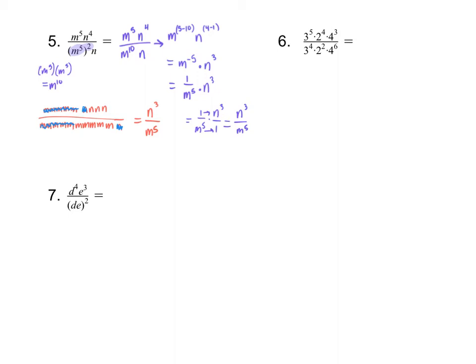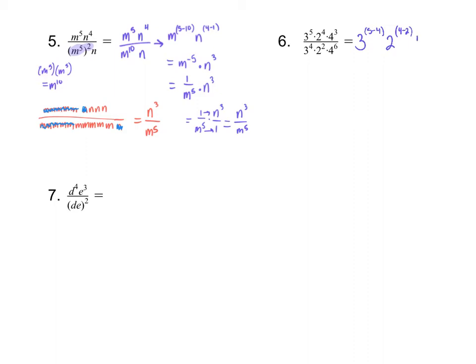All right, on number 6, we could just solve all of these values and plug them into a calculator. But to make it easier, we're going to use the property to shrink our numbers a little bit. So we want 3, and then the exponents are 5 and 4, and if we subtract them, 5 minus 4. The next common base we have is 2. Those exponents are 4 and 2, so 4 minus 2.